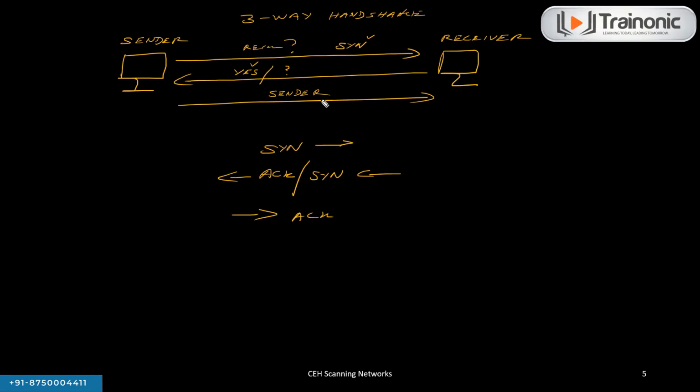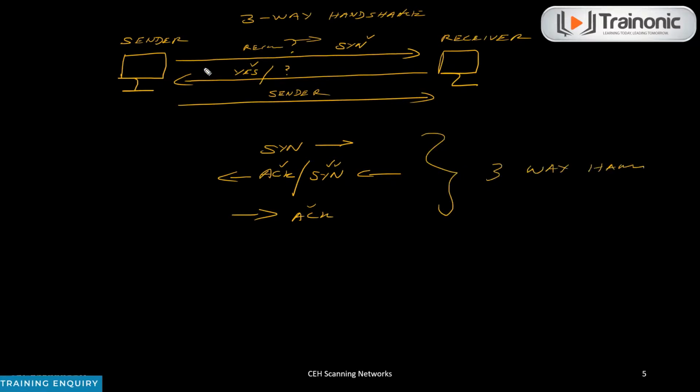That's the one ACK. So this is the three-way handshake. SYN: hey there, are you alive? SYN-ACK: the answer is yes, I'm alive, acknowledgement, but again with the question, who are you? For this question, the answer is I'm the sender. That's the ACK. So SYN, SYN-ACK, and ACK. This is known as the three-way handshake.